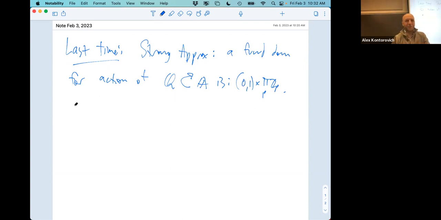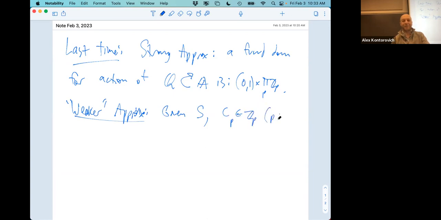There was something I didn't actually like when we went from weaker approximation to weak approximation. Weaker approximation, which is not standard terminology, was the statement that if you're given a finite set S and c_p in Z_p for p in S, and given an epsilon positive, there exists an n in Z so that simultaneously you get within epsilon of all of the c_p.